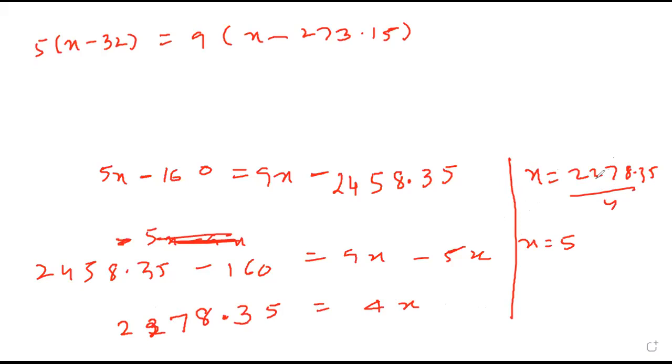Remainder 2. 27. So it will be 2298. 8 15 minus 8 minus 8, right?